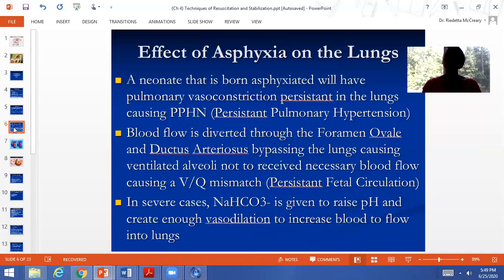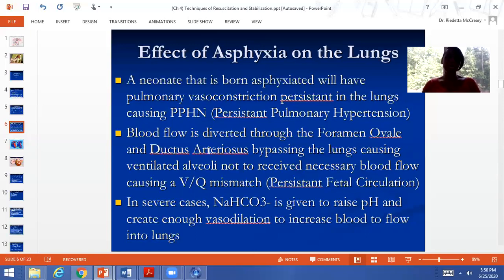And we call this persistent pulmonary hypertension, PPHN. And the N stands for of the neonate, persistent pulmonary hypertension of the neonate. So blood flow is diverted through the foramen ovale and the ductus arteriosus. So those shunts will remain open if you have persistent pulmonary hypertension of the newborn.